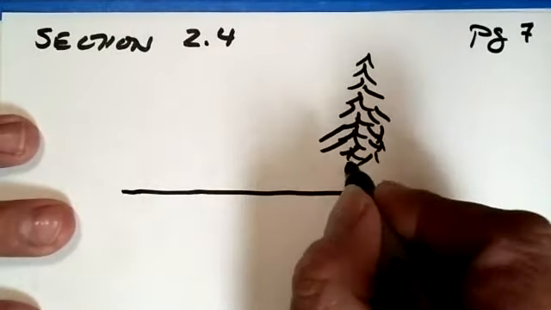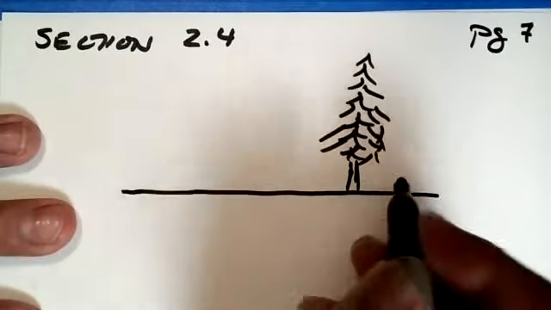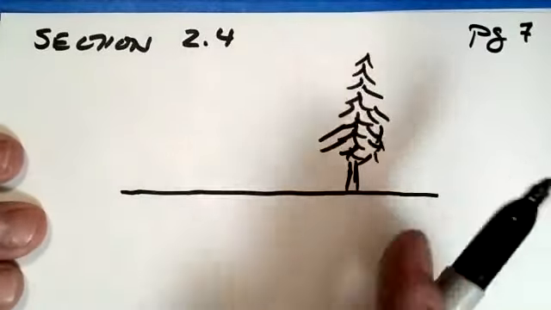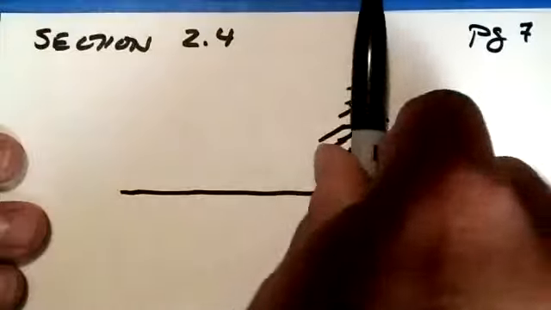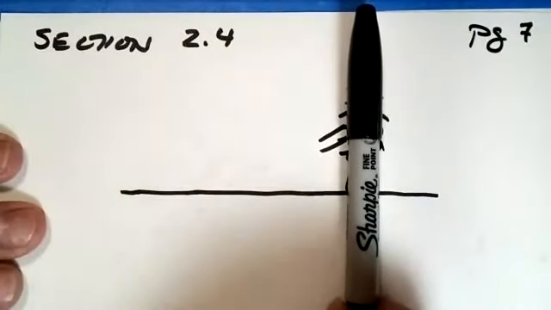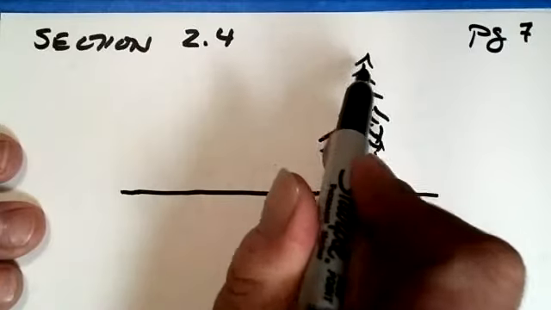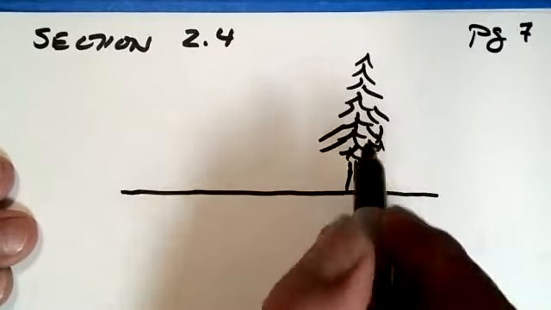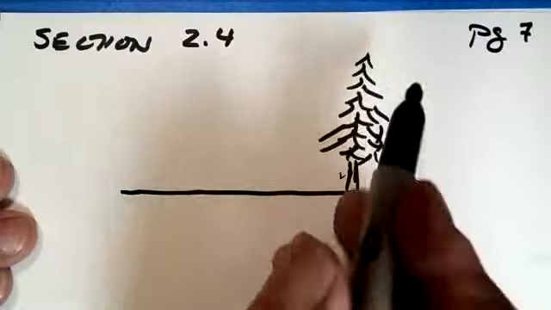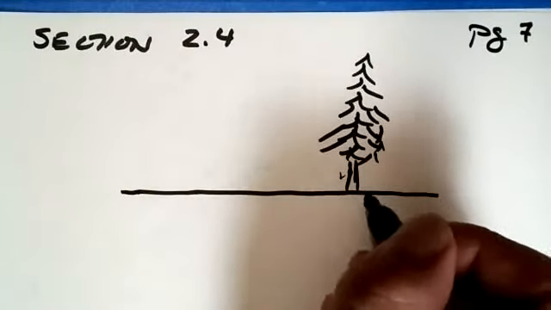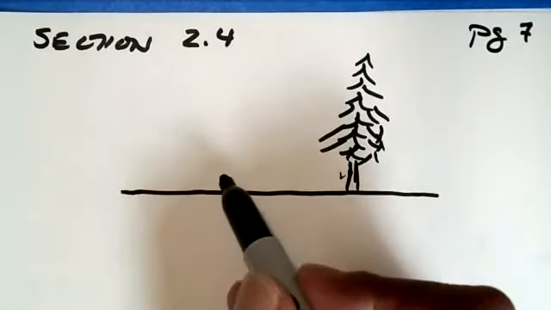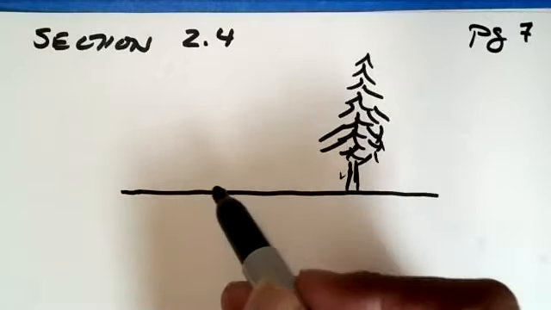But for whatever reason, it's not practical to measure horizontally. The trunk of the tree might not be directly under the highest point. Maybe if it was a water tower, you're looking at some antenna. Maybe there's no way to find exactly where the bottom is. So you can't really do this distance sort of thing.